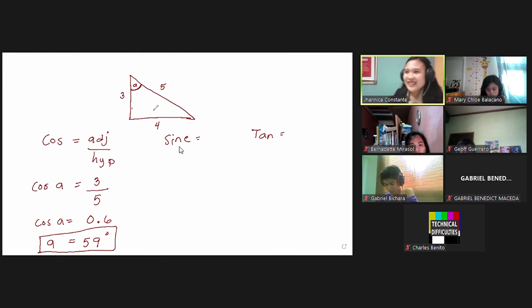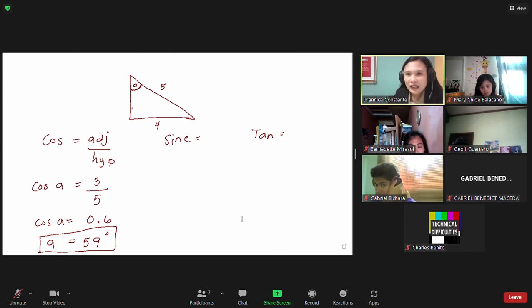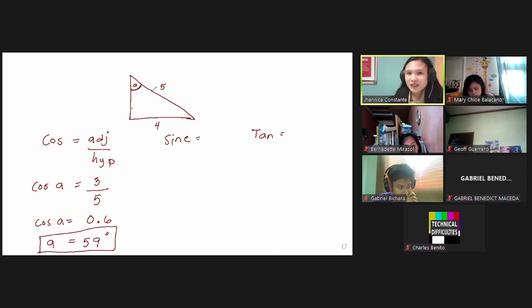Okay? So when you are solving using trigonometric ratio, just identify the parts of the triangle and the ratio that we have. Identify the given first. If you're solving for the angle and, for example, this one is not present, if the given is only these two, identify the parts of the triangle we're going to use to solve for this angle.